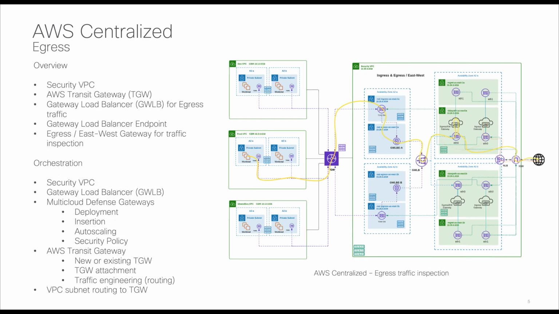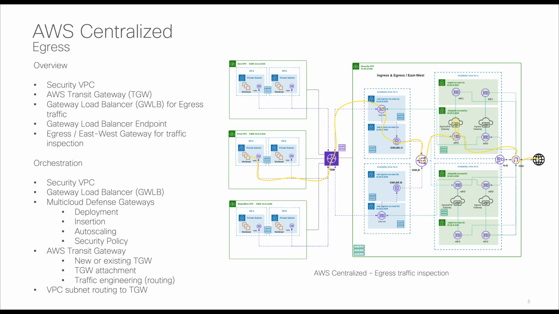The other type of use case is egress use case. Similar kind of architecture, but since it is egress use case, traffic is initiated from the application in the application VPC. We forward this traffic to transit gateway.